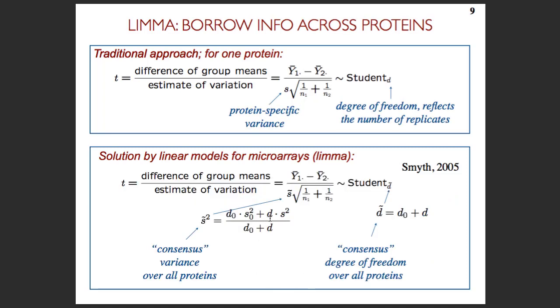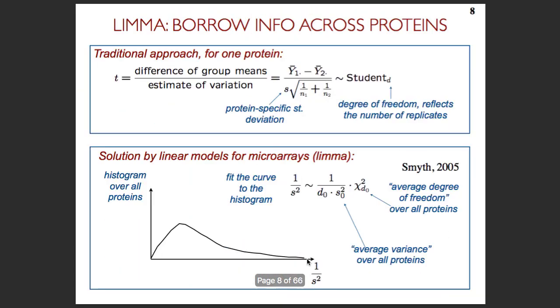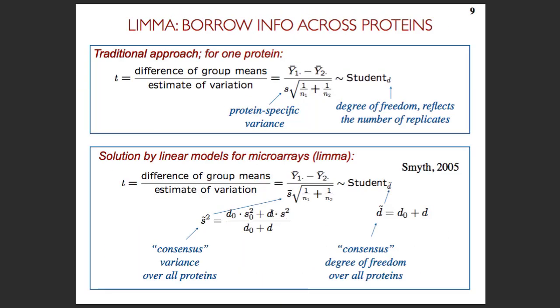And you can see that if we have a lot of data, if D is large, so we have a lot of replicates in the first group and or in the second group, then this weighted average will give a lot of weight to the protein-specific variance. However, if D is small, then more weight will be given to the average variance across all the proteins.